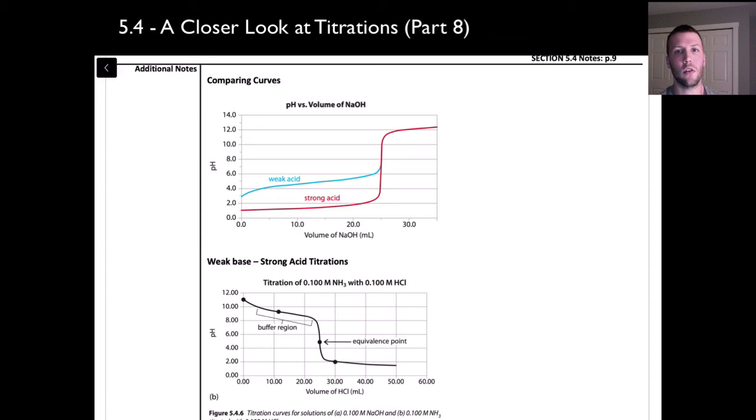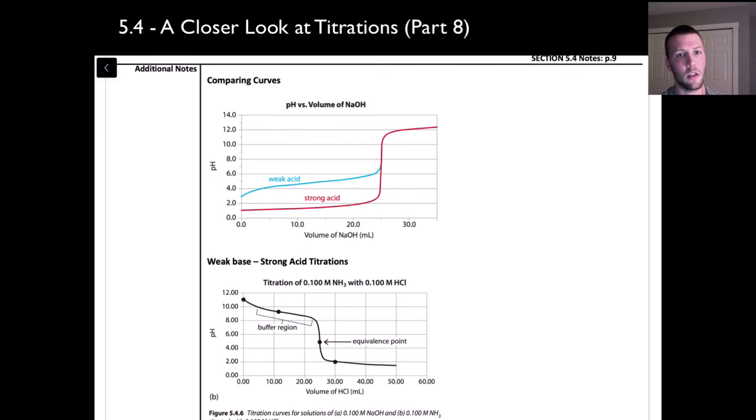However, that occurs over a shorter range for the weak acid strong base titration. At the equivalence point, the pH is greater for the weak acid strong base titration. For a strong acid strong base titration, the equivalence point is 7. And then it's similar as we add excess sodium hydroxide.